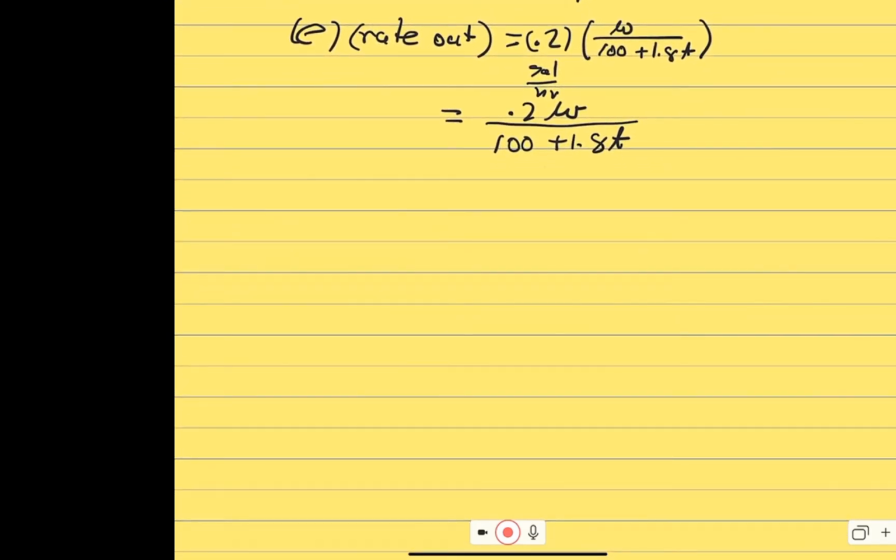so we now want to get a differential equation and solve it.